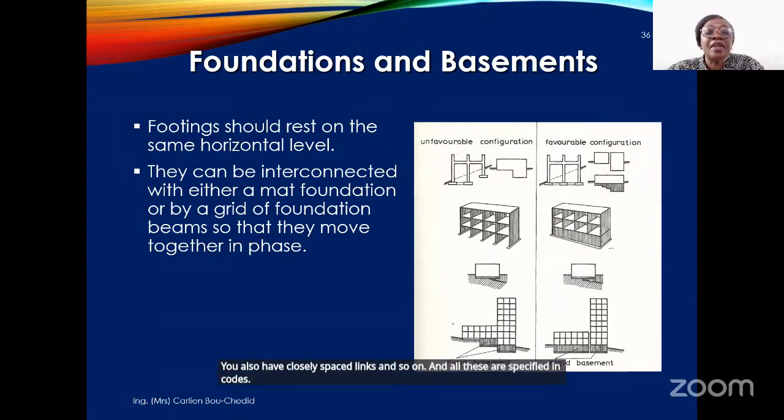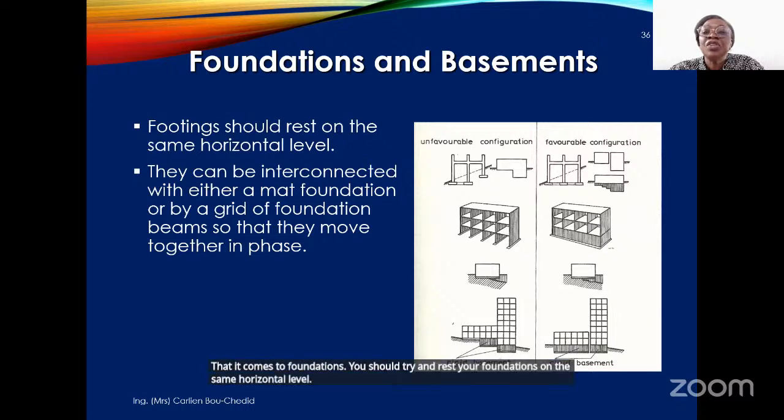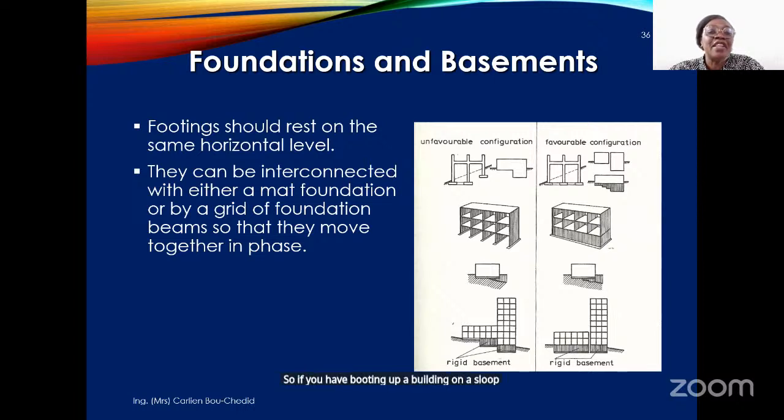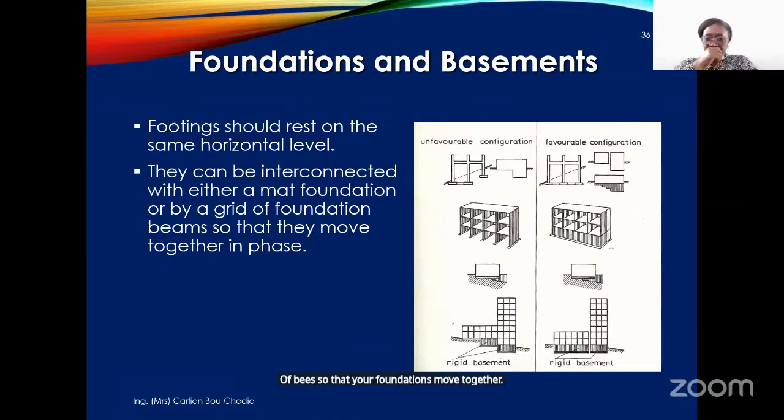When it comes to foundations, you should try and rest your foundations on the same horizontal level. So if you are putting up a building on a slope, you can interconnect the foundations with a grid of beams so that your foundations move together. Or you can use a mat.